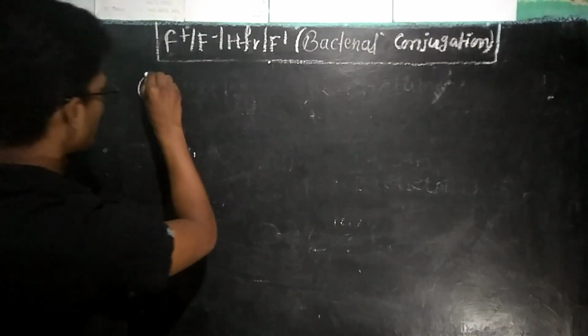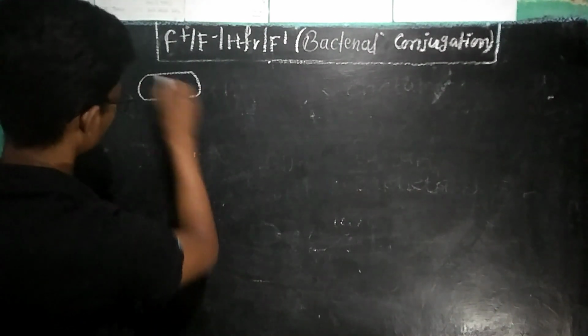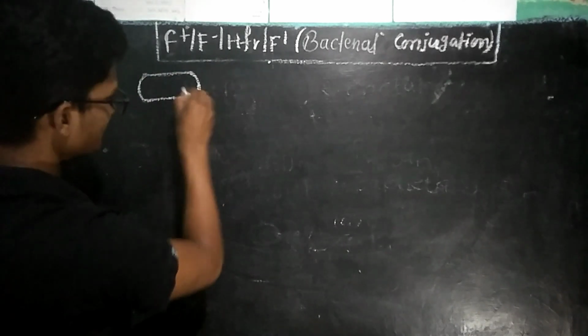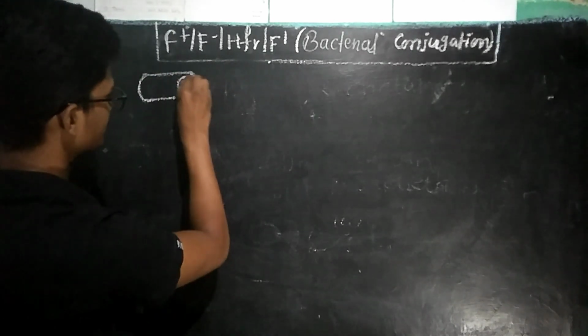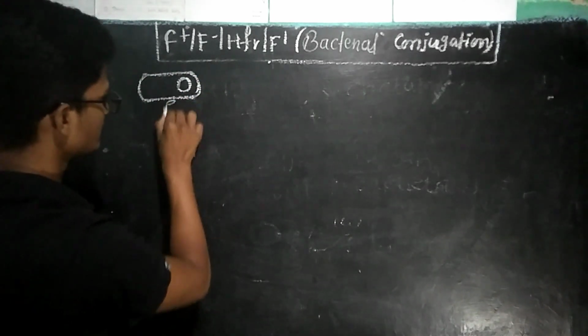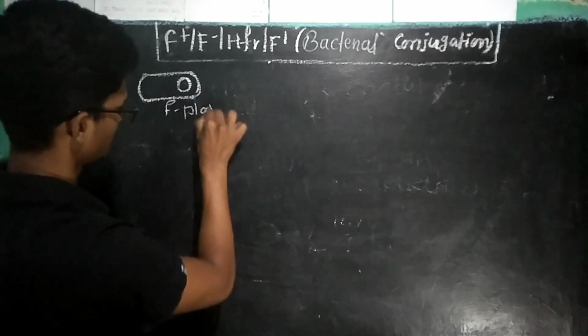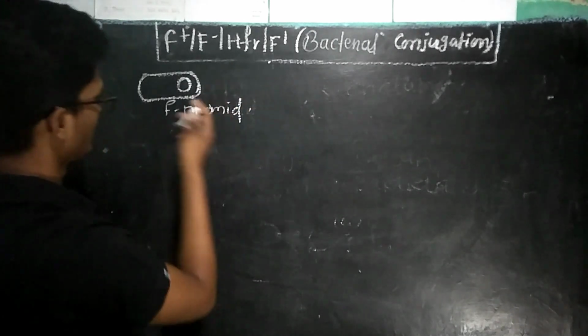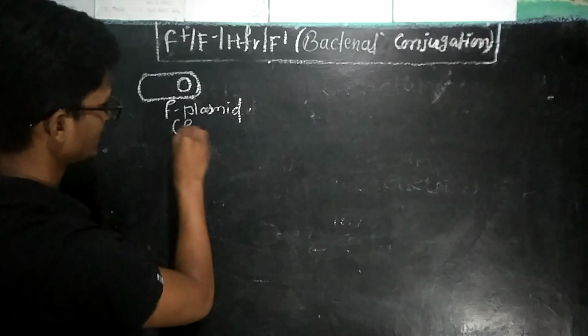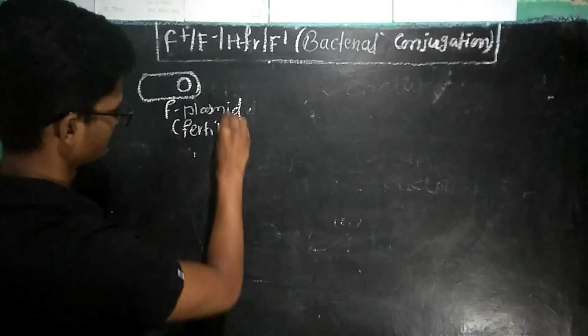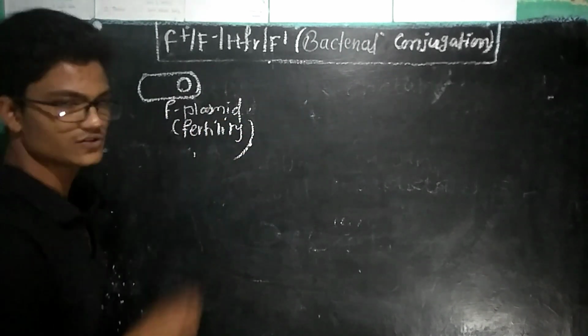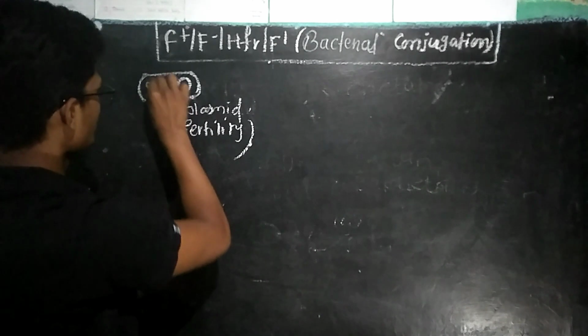Suppose this is one of the bacterial cells, and this bacterial cell contains a plasmid which is known as the F plasmid, and this F indicates the fertility factor. The bacterial cell also contains the chromosome.